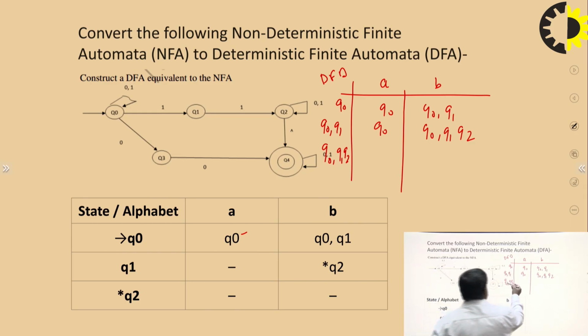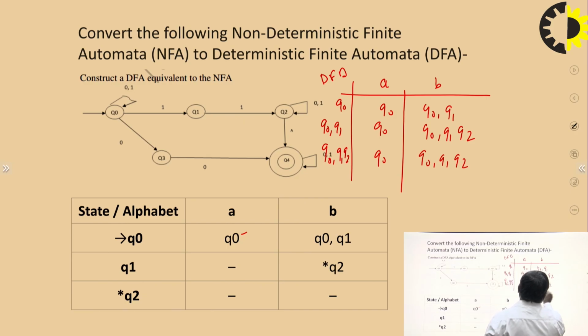Now Q0, Q1 and Q2 on A, that is again Q0, and on B, that is Q0, Q1. So no new state is generated. Now this is the transition table of the DFA.